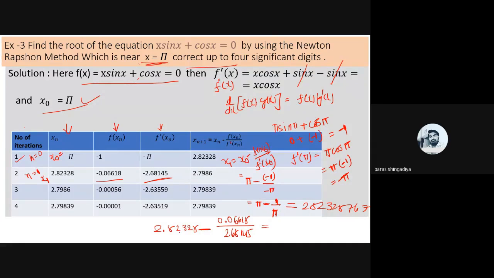So subtract 2.82328 minus this division, 0.06618 divided by 2.68145. Yes, Mohammed replied the answer as 2.7986.